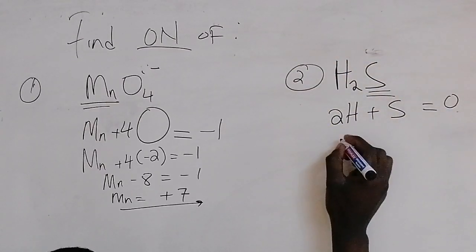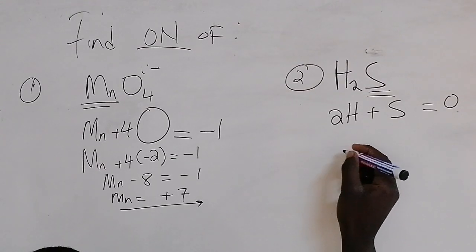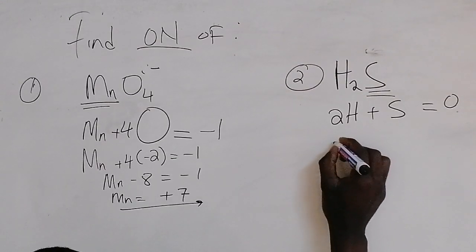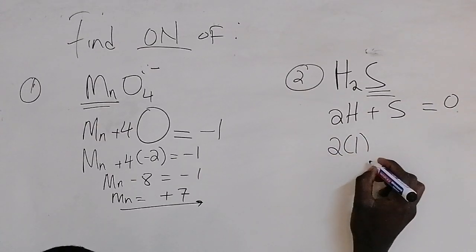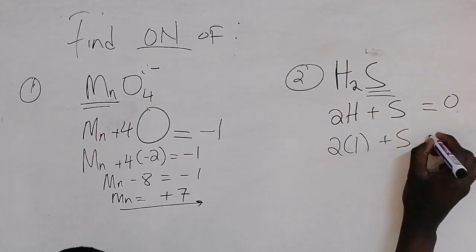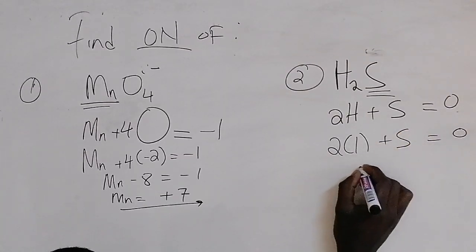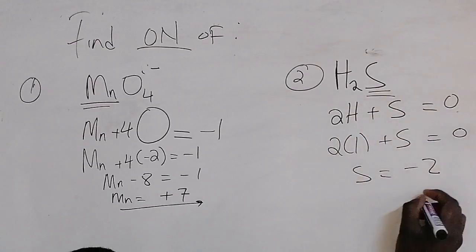I hope you are following. If you are not, make sure that you watch that first video where we were determining the oxidation number. So I will say 2, I substitute 1 here, since we know that the oxidation number of hydrogen is +1 when it is bonded to other elements, plus sulfur atom equals 0. Then S equals, we transpose the 2 to the right, it becomes -2.